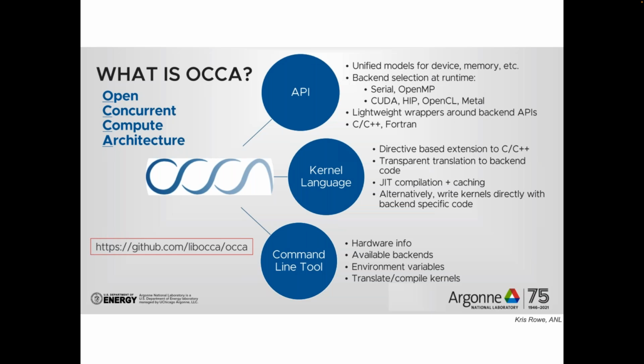If you want, you can also have native kernels in the native backend language, and it will still integrate well into OCCA. This is sometimes useful if some of the latest features of that programming language are not supported in OCCA, or if there are some performance downsides of using OCCA, although that rarely happens, but this option is there.